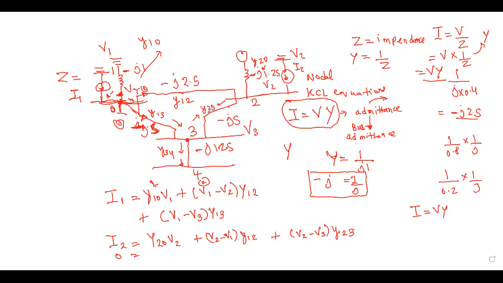Which values would be equal to 0? First is Y13 into V1 minus V3.